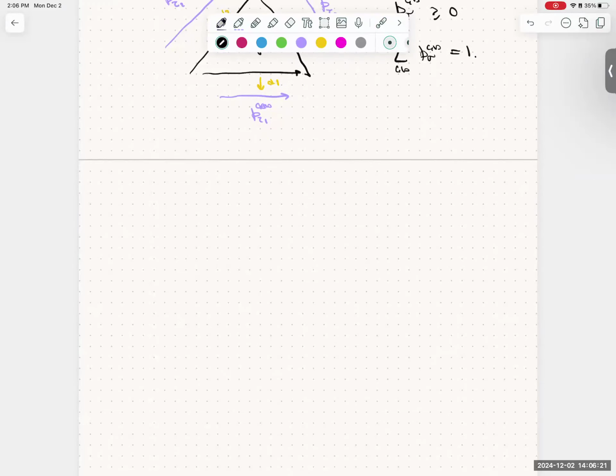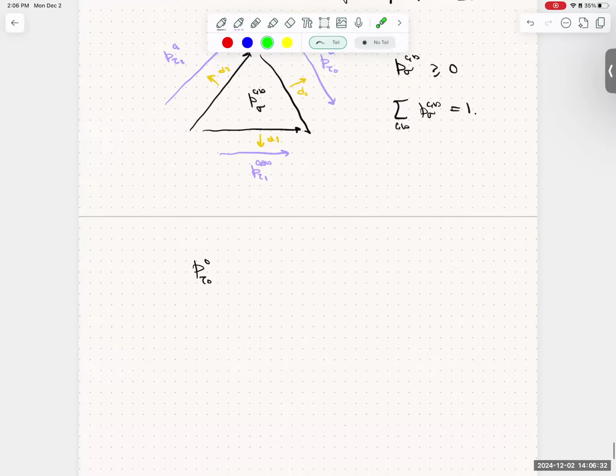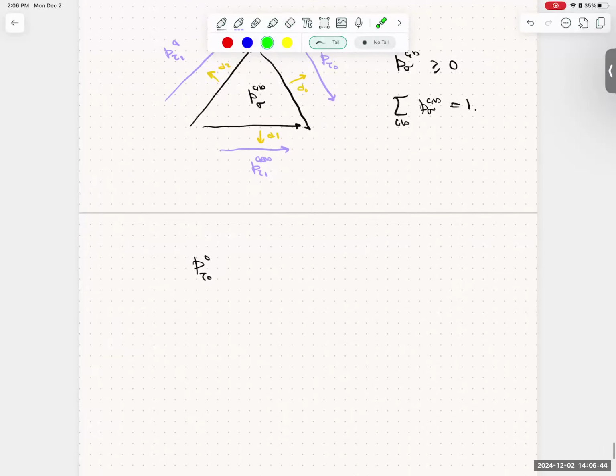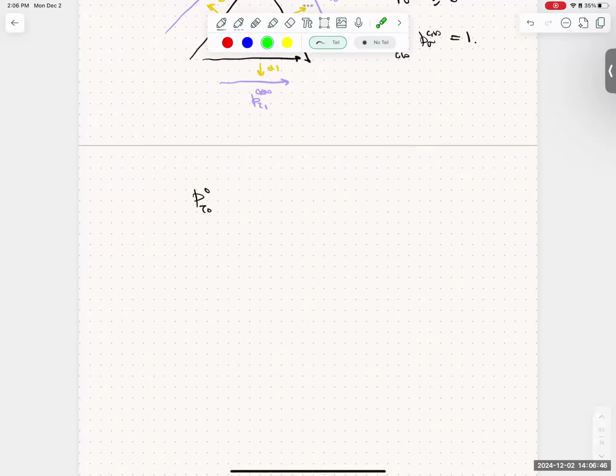I'll illustrate this for just a single case very quickly. So P tau 0, and I will take the 0th. Of course, it suffices because we're working in Z2: if I know P tau i of 0, then P tau i of 1, the other possible outcome, is just given by 1 minus that. So it suffices to look at the 0 coordinate.